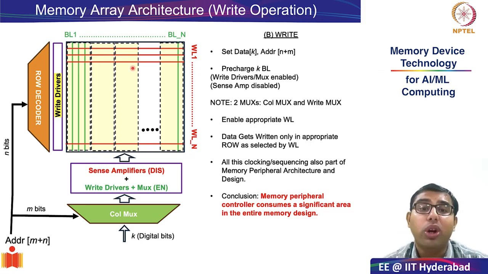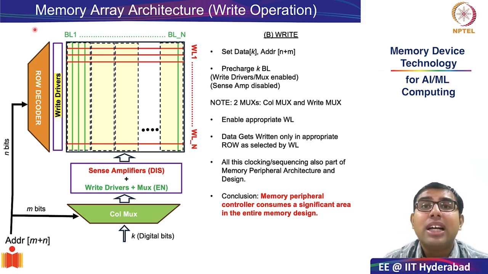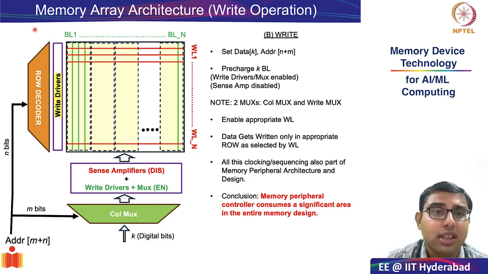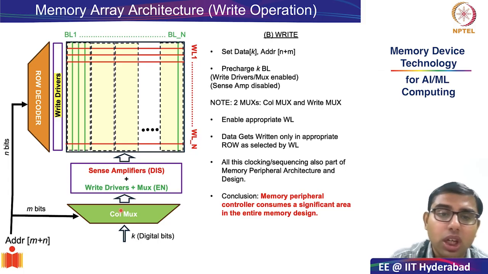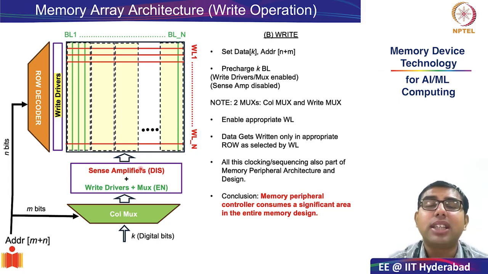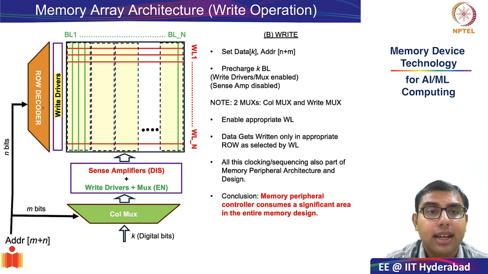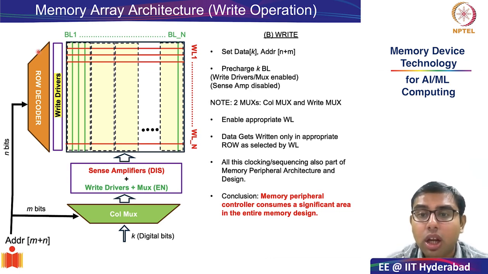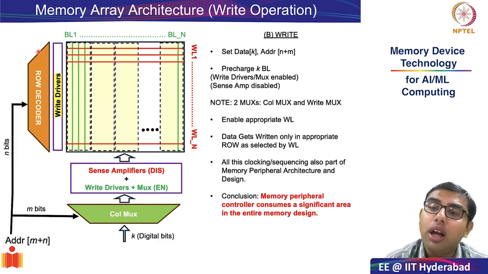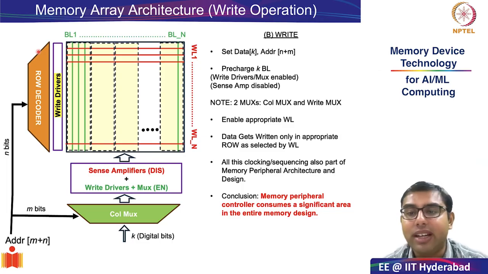It is important to note that apart from all the peripheral circuitry that we discussed, such as the row decoder and the column mux which form the digital portion, and the write drivers and the sense amplifiers which contribute to the analog portion of the peripheral architecture, the sequencing of events for read and write is also handled by the memory peripheral architecture and design.